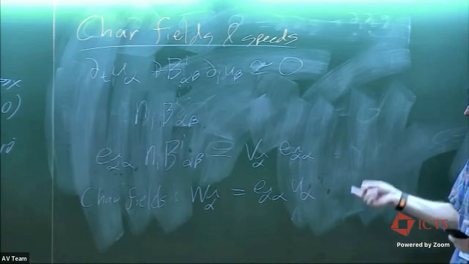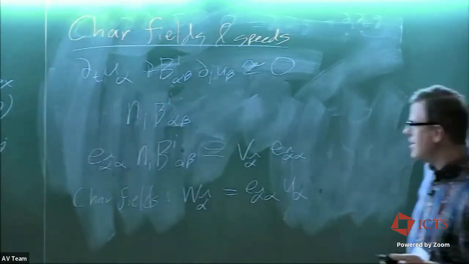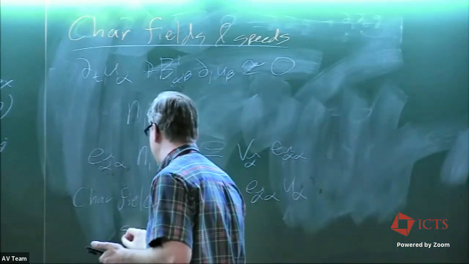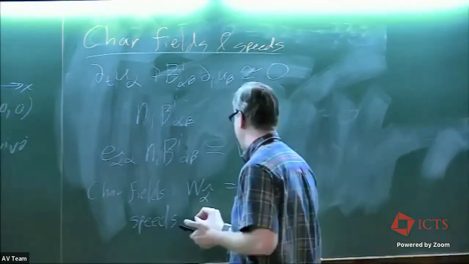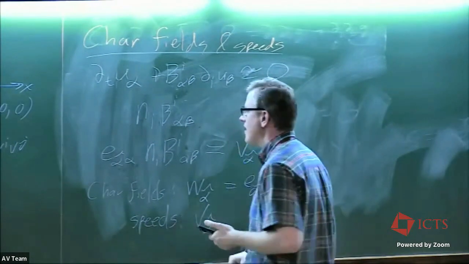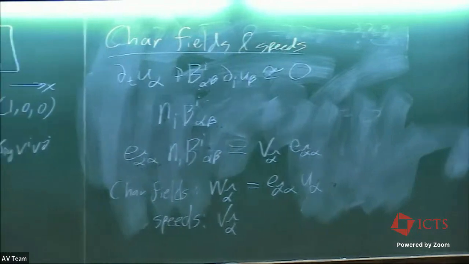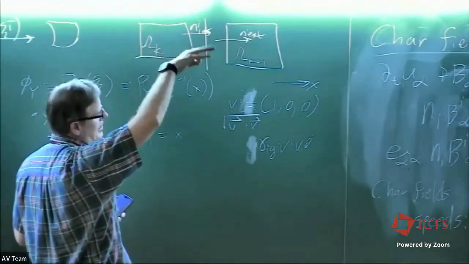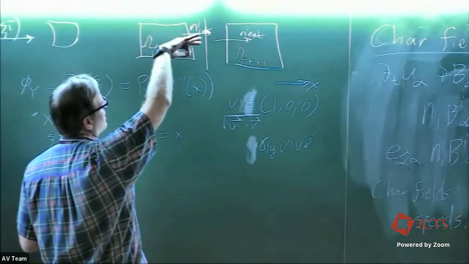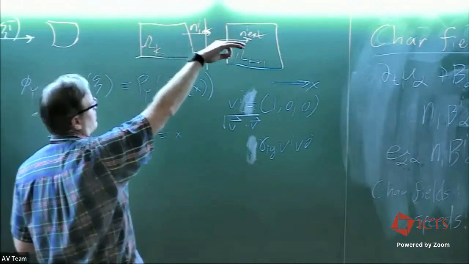Those are the fields that you would have to set boundary conditions on if the flow is into the domain. And that brings us to the characteristic speeds. The characteristic speeds are just the eigenvalues. The way I've drawn the normal vector here, the speeds will be positive if the information, or the wave represented by the combination of the variables, is flowing out of the element and into its neighbor, because I've chosen that to be the positive normal direction.